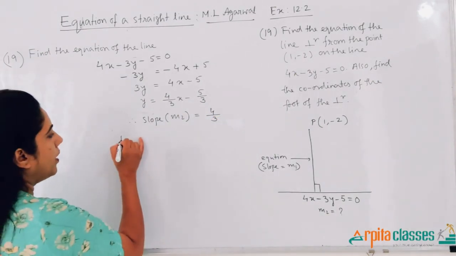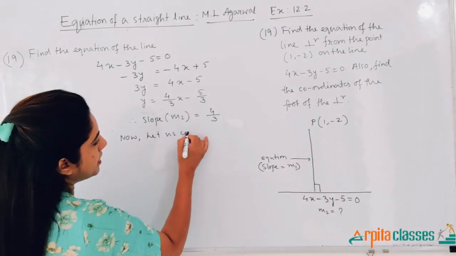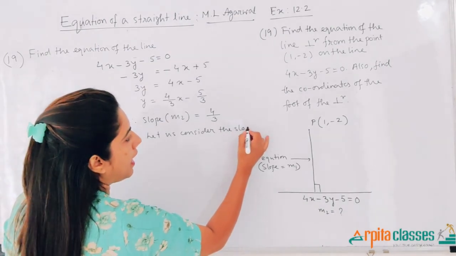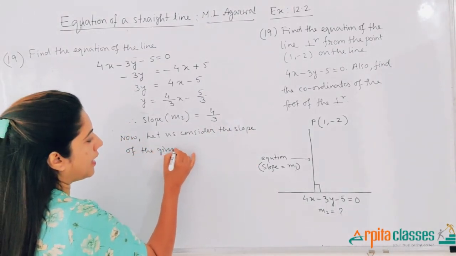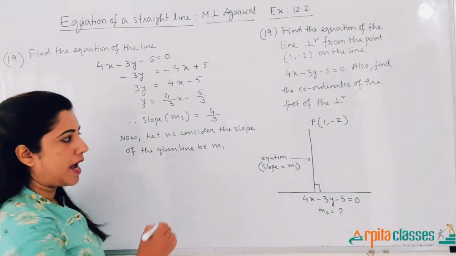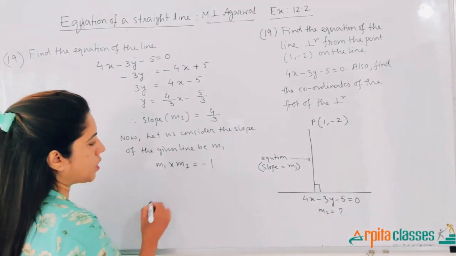Now let us consider the slope of the required line to be M1. As per the criteria, we know M1 times M2 should be equal to -1.